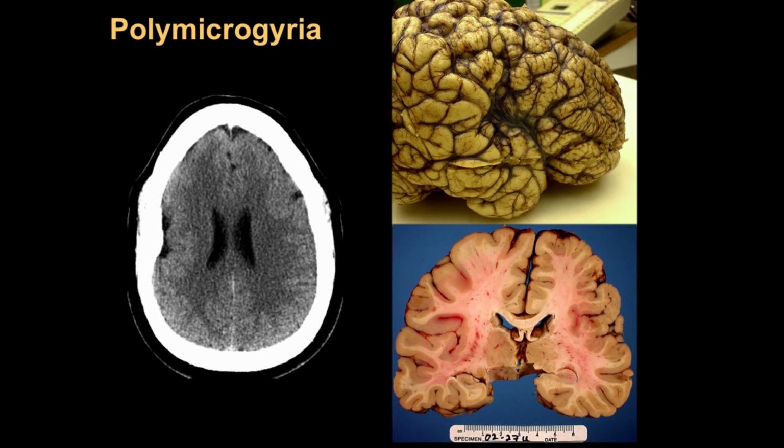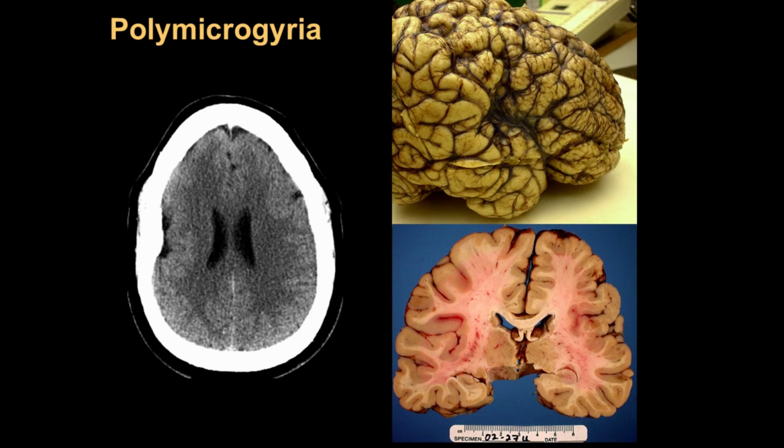These gyri are more normal, as you'd expect for a brain. And this area here corresponds to this smaller hemisphere and this irregular, what appears to be thickened cortex. But as you'll see, if we have adequate imaging, we'll see that this is an irregular gray-white junction characteristic of polymicrogyria, which was proven pathologically.